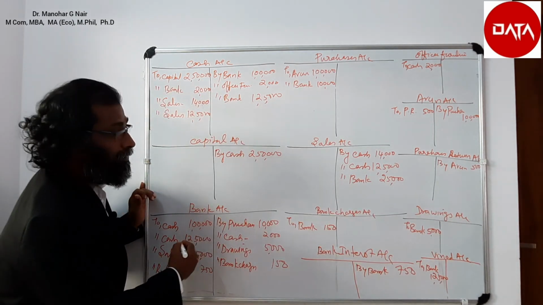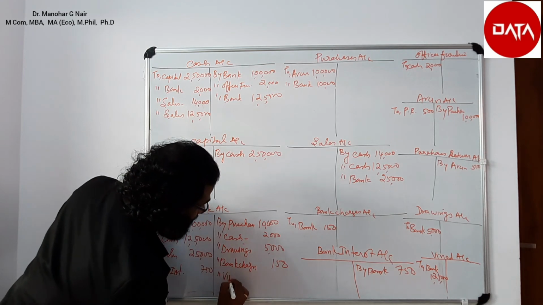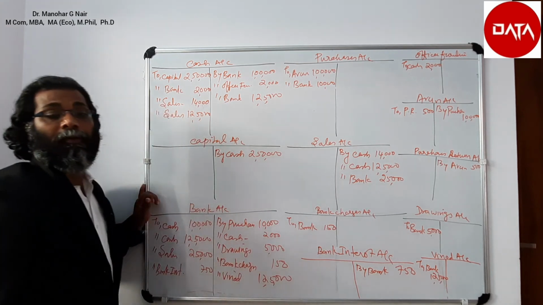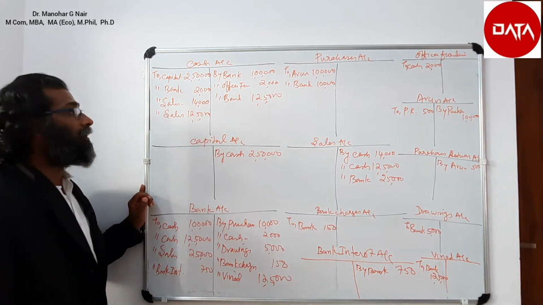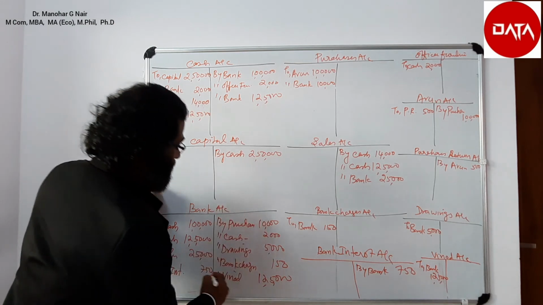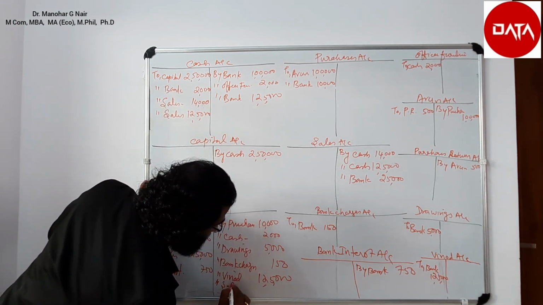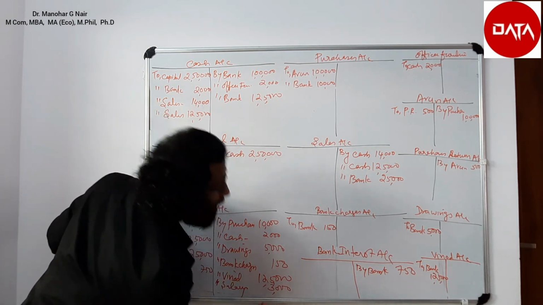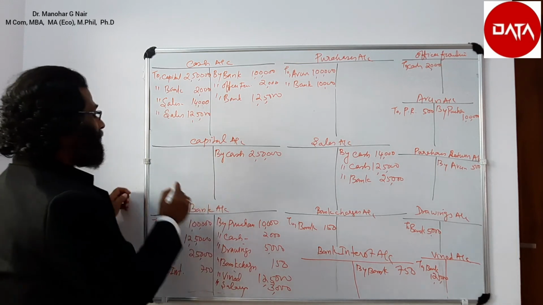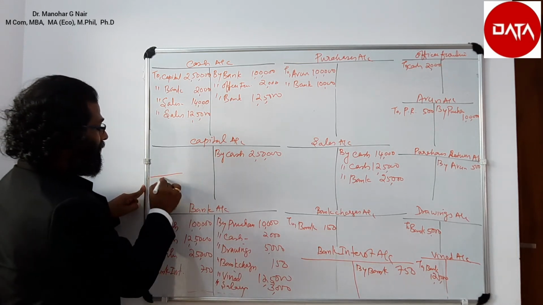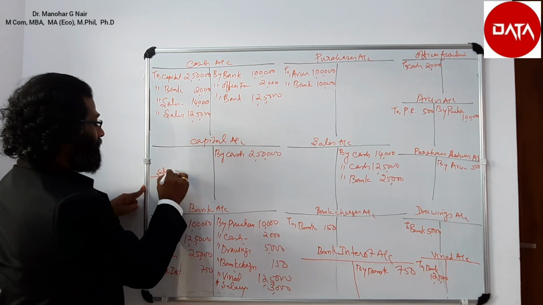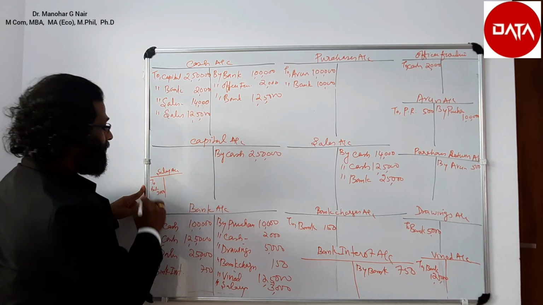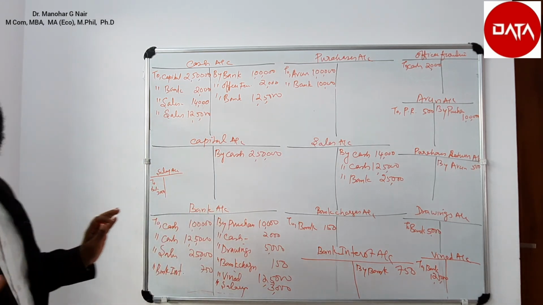Now in the bank account, by Vinod, 1,25,000. And finally, salary to bank account. So by bank, by salary, 3,000. In the salary account, we have to open another account. Let me open it here. Salary account to bank, 3,000. So the whole posting process is over.